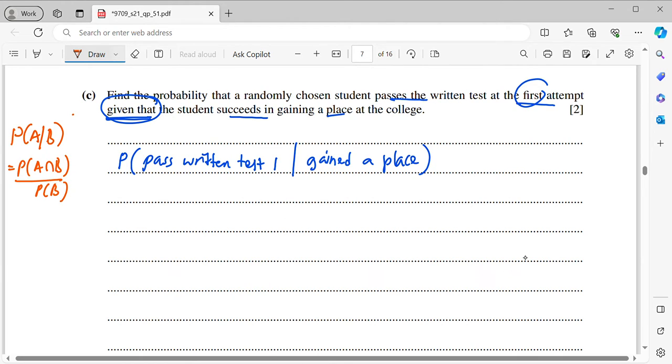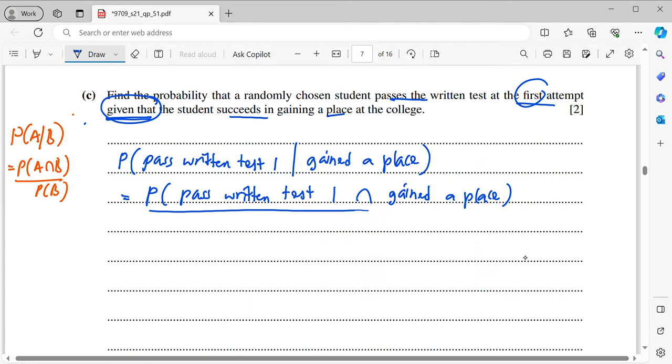So from here, I will be getting P(pass written test 1 intersect, meaning and, gain a place) over the probability that the student gains a place, meaning pass the written test and also the practical test.